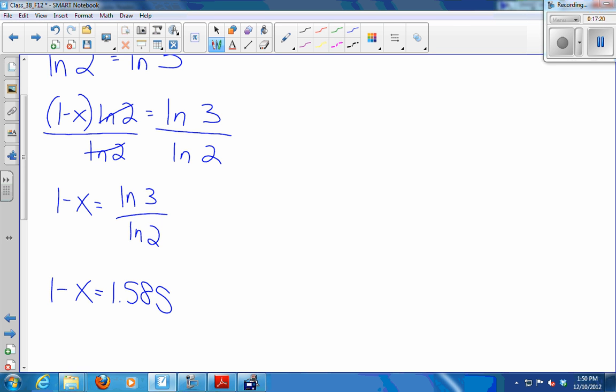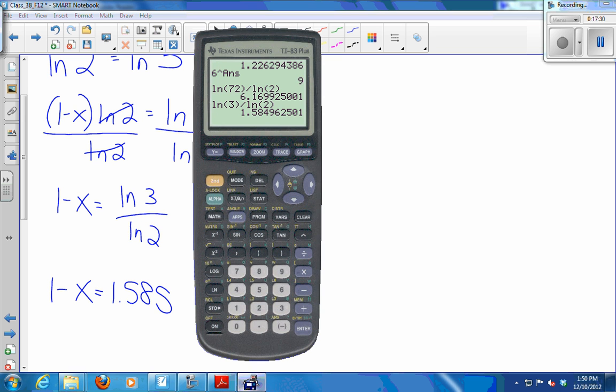In order so that the rounding errors don't compound while you do a problem, you can either use second answer so that you don't round it when you're doing it in your calculator, or you can save this number as the letter A and then use that. So the way you store a number is this STO button, second up from the bottom. So you do store, and it's going to take my previous answer and store it as whatever I tell it to.